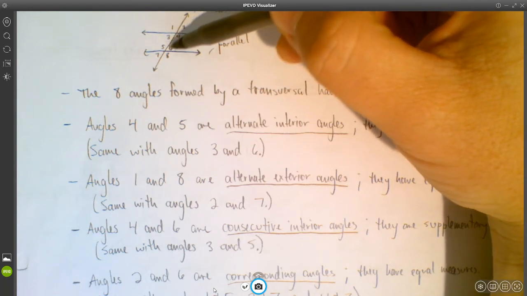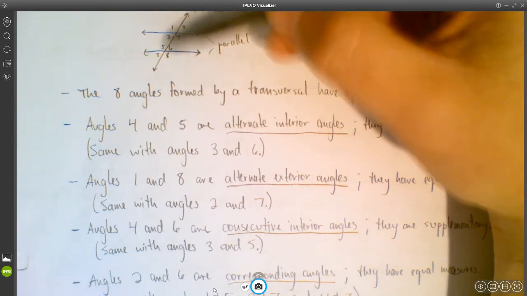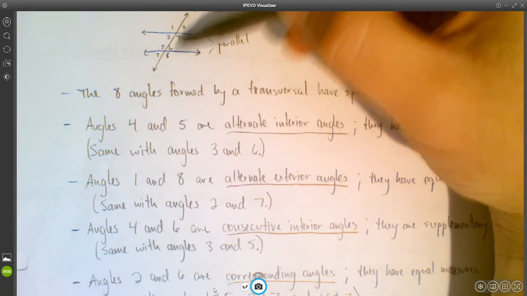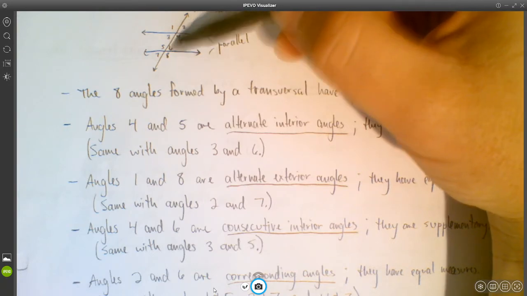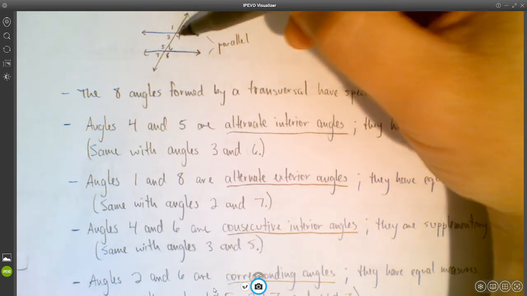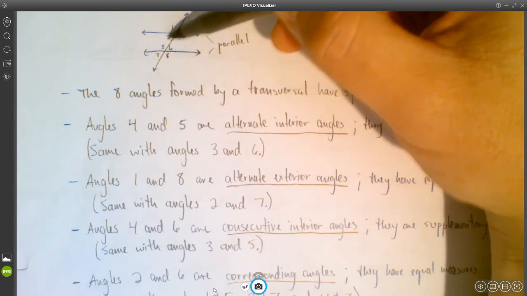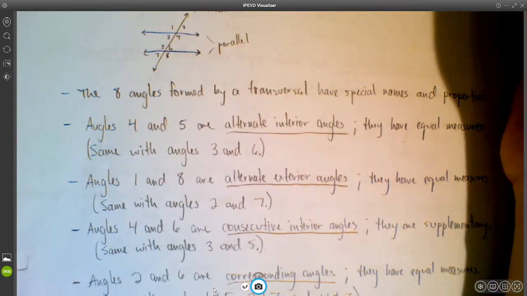Angles 4 and 6 are called consecutive interior angles. Interior, again, because they're on the inside of the box. Consecutive, because they're on the same side of the transversal. So 3 and 4 are consecutive interior angles, 4 and 6 are consecutive interior angles, and 3 and 5 are consecutive interior angles.